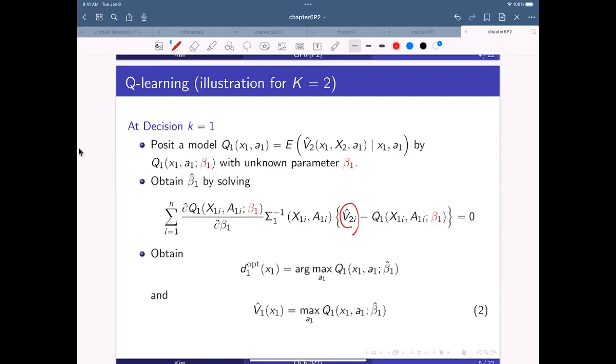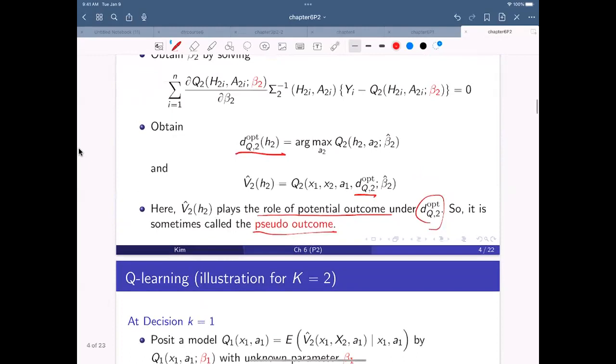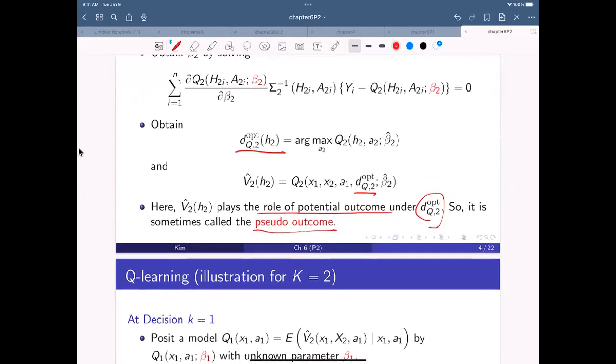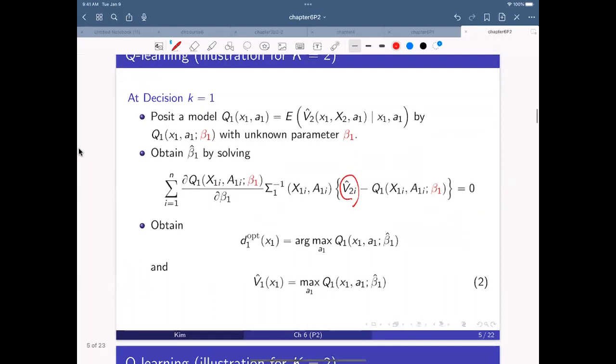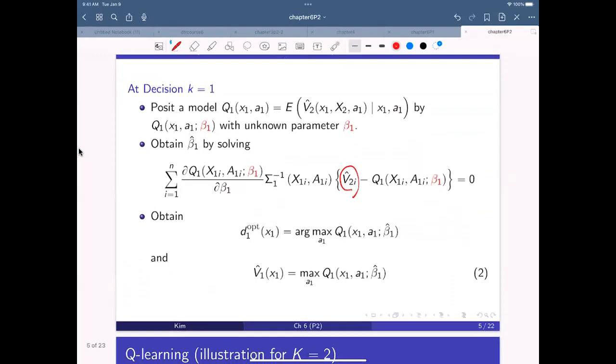So this already utilizes that we make the best decision at K equal 2, and then tries to compute the conditional expectation in terms of X, the available history at K equal 1, and A. That is the same kind of estimating equation, but the Y variable is now replaced by the value function.